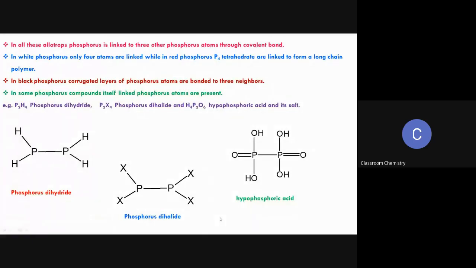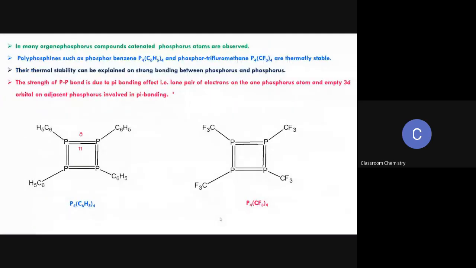Polyphosphines such as phosphorobenzene and phosphor trifluoromethane are thermally stable, and their thermal stability can be explained by the strong bond between phosphorus and phosphorus.